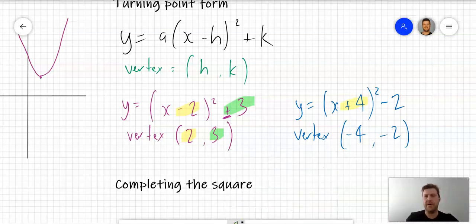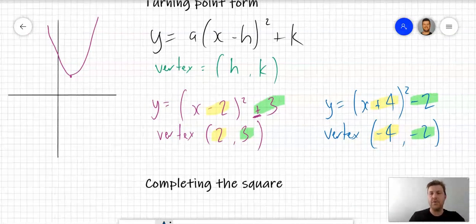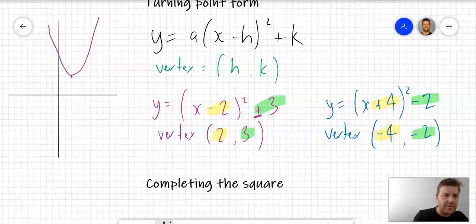There's that sign that becomes the opposite of what it is, and this one remains the same. So minus 2 remains minus 2. The vertex there would be at (-4, -2). So -1, 2, 3, 4, -2 here.